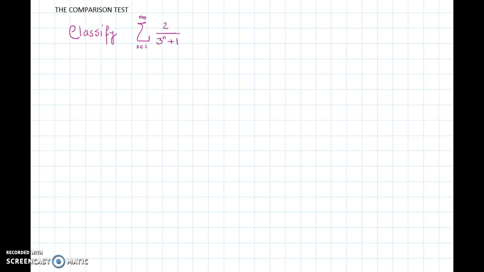The idea here is that we may notice that this is kind of similar to this other series, 2 over 3 to the n, summing from 1 on. Well, they are similar in the sense that the difference is just the plus 1 we have in the denominator.